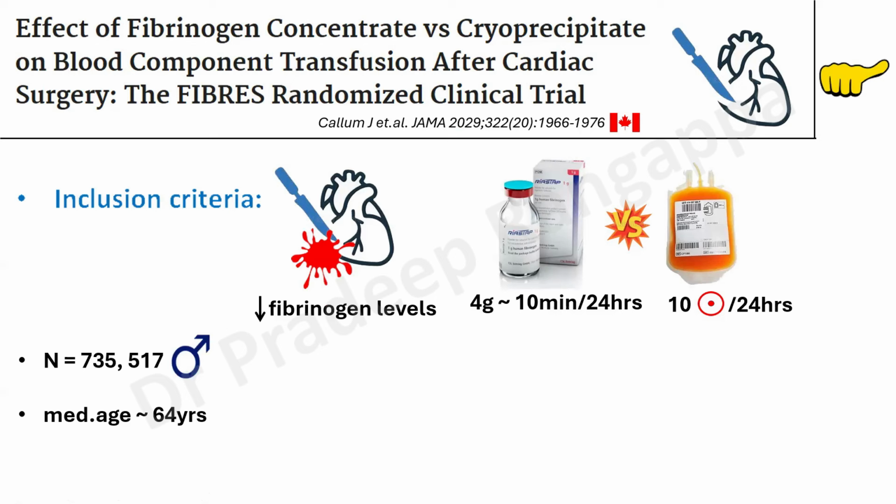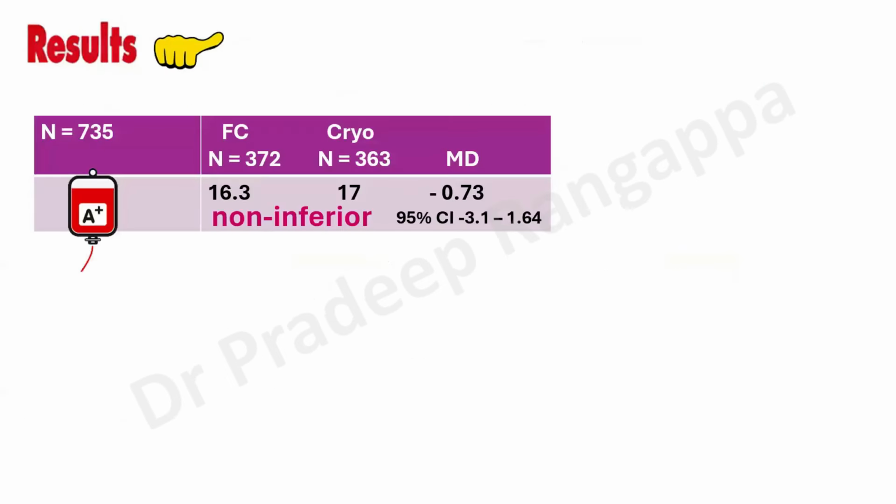So they had 735 patients, 517 were male, and the median age was 64 years. The primary outcome was the amount of blood needed in 24 hours. There were 372 in the fibrinogen group and 363 in the cryoprecipitate group. And the amount of blood needed with fibrinogen concentrate was non-inferior.